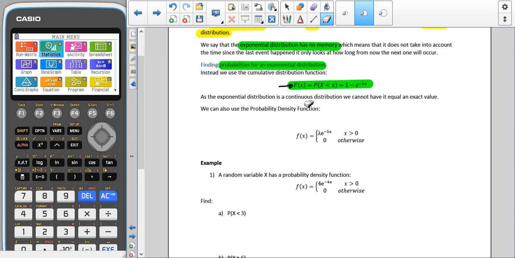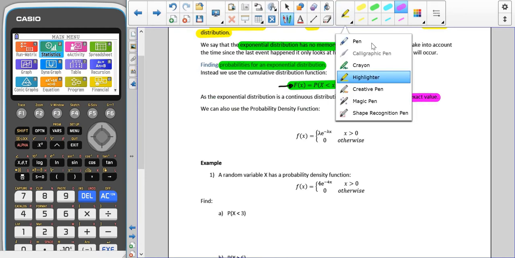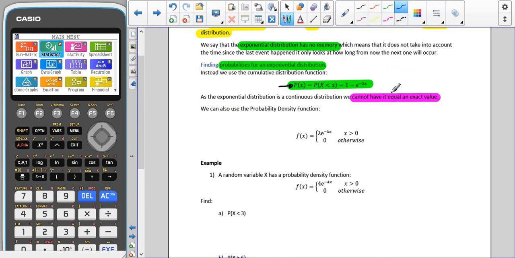As the exponential distribution is a continuous distribution, we cannot find equal or exact values. I pointed that out a little bit earlier. That's just going to give us 0. So just adding a little note here: the probability of x equaling anything is going to be 0.